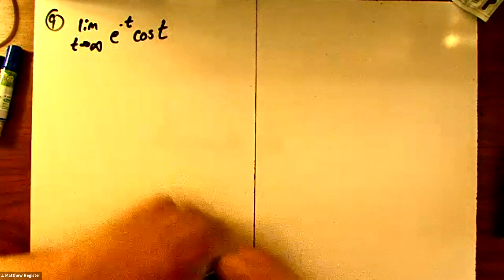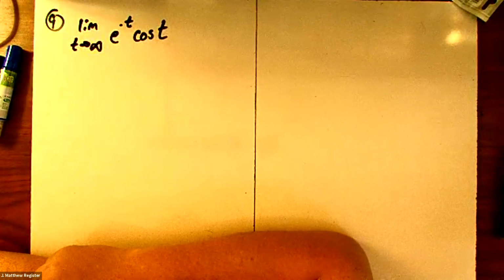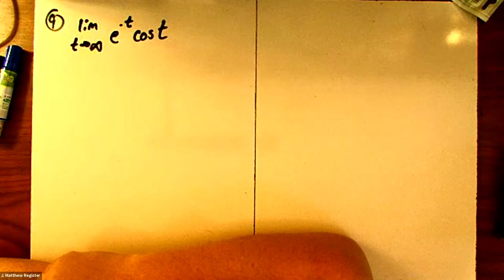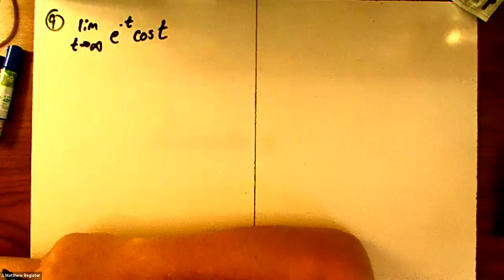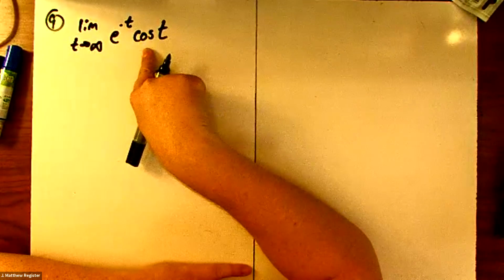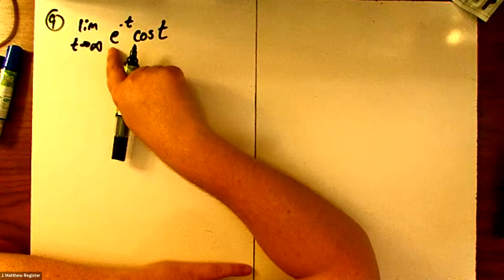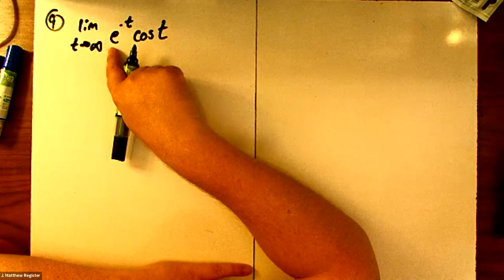This is the product of two functions. And what we want to do is figure out what happens as this thing goes to infinity. We know that cosine is going to be oscillating. We know that e to the negative t is going to be going to 0.